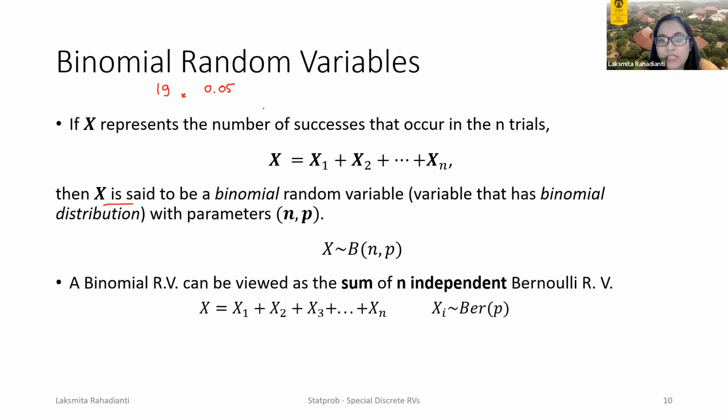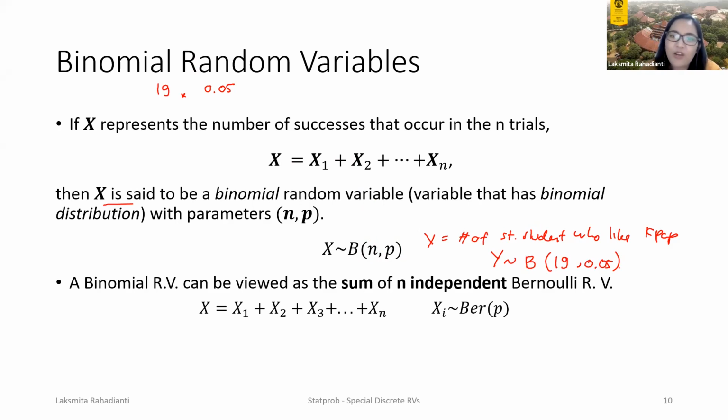So in the case of this StatProb class, we would have y is the number of StatProb students who like K-pop. I can now write that y follows the binomial distribution of 19 students with a probability of 0.05 probability for every trial. Or in other words, it's the sum of n independent Bernoulli random variables.